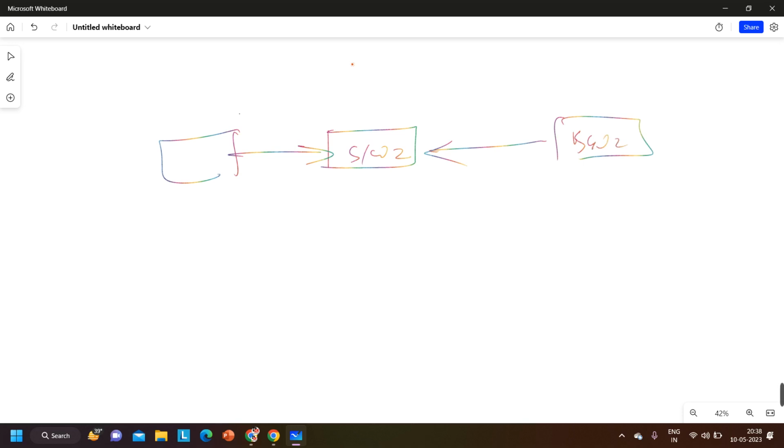Like switch 1 was generating BPDUs, in the same way switch 3 is also generating BPDUs. So this switch is going to find the superior BPDU, meaning the best BPDU. On which port am I receiving the best BPDU? From switch number 1 or from switch number 3? And this is the concern of STP. Everything is here only. How is the switch going to identify the superior BPDU?